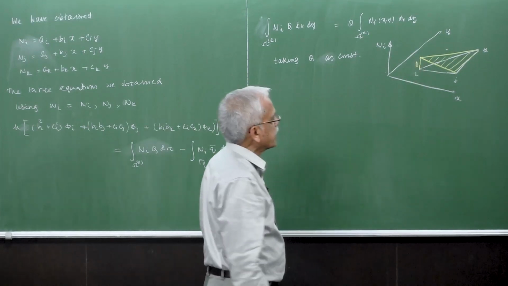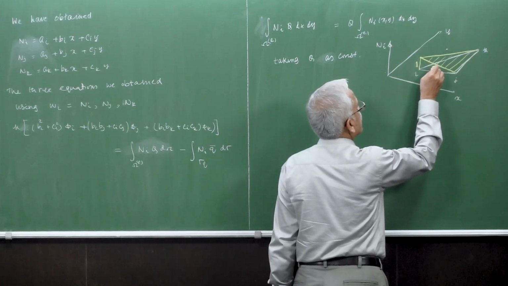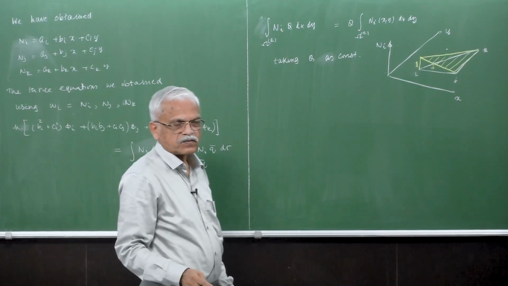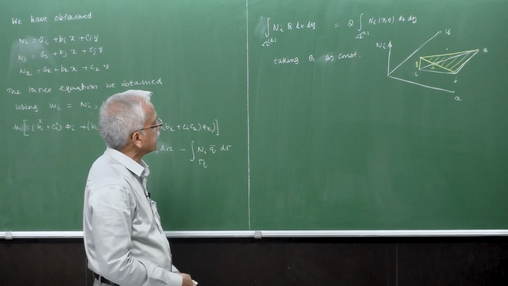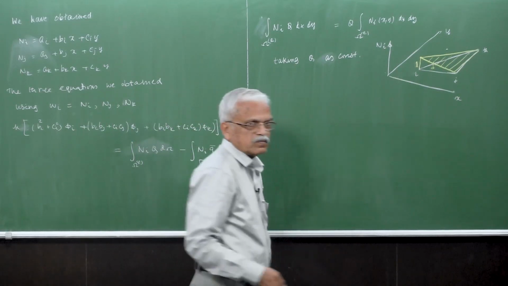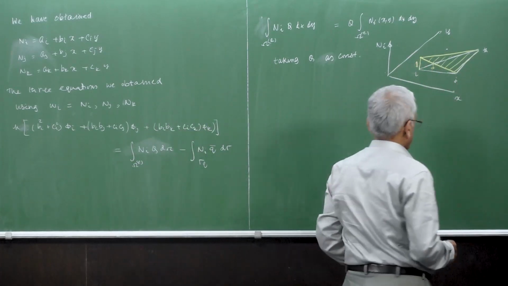Okay, Ni being 1 here. That means that at every point here you have a certain value of Ni, which is the height of this one. So the integral of this one is nothing but the volume under the tent here.